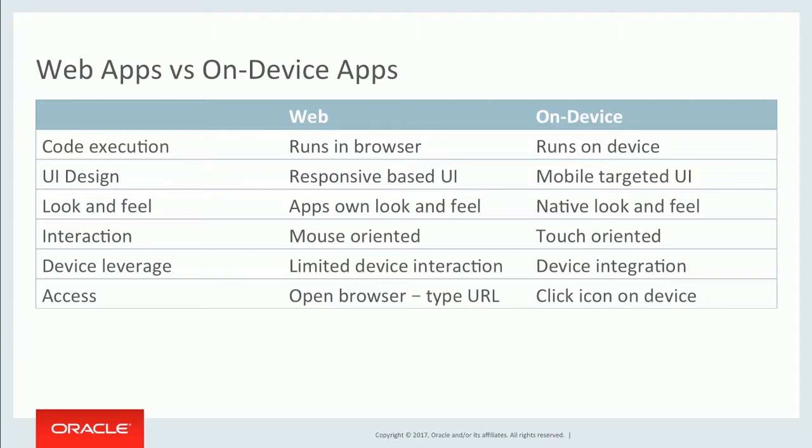And if you're building a web application, the amount of device interaction that you can do is limited compared to what you can do if you're building something that is targeted for running on device that uses the interfaces the device offers. Okay? And then it even starts again from where you started: how do you access the application, whether you need to open a browser, go to a URL, type everything, the whole URL, which is kind of hard to do on a mobile device, versus just clicking a button and going there.